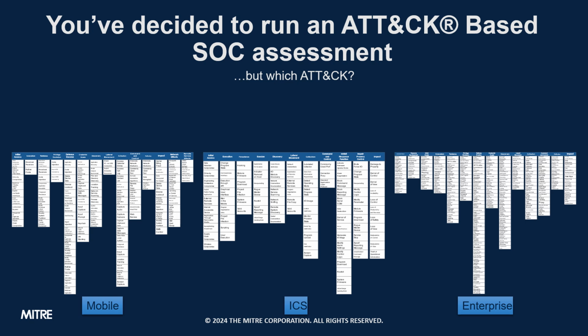Attack has three primary technology domains: ICS, mobile, and of course, enterprise. And when you're running an assessment, it's important for you to figure out just which of these domains you really need to consider. Now, if you're like me and you're focused on enterprise, much like the training is, you can quickly say, well, I'm just going to look at enterprise, and I don't need to consider ICS or mobile.